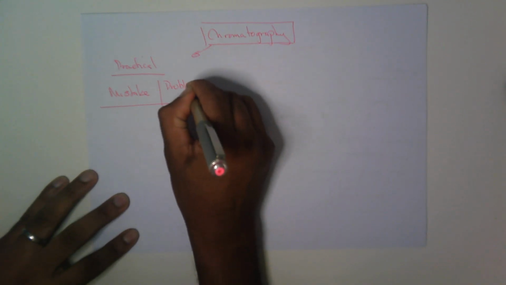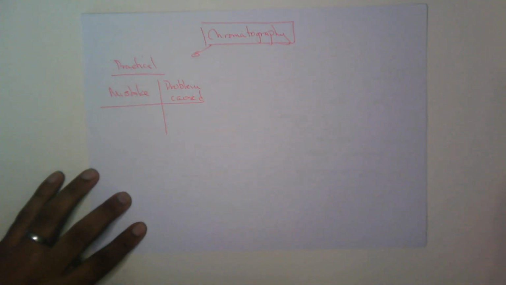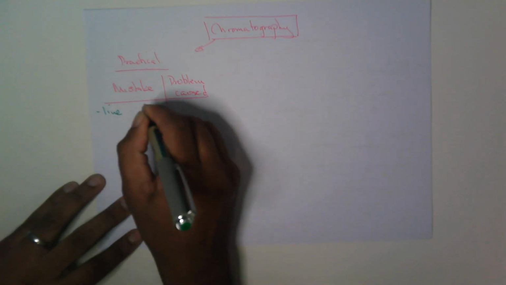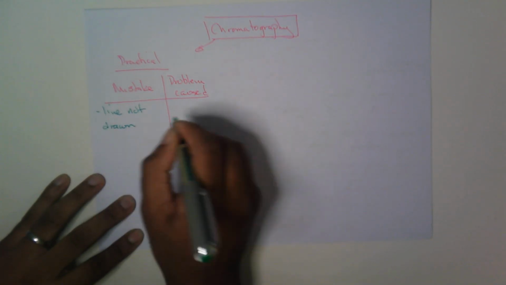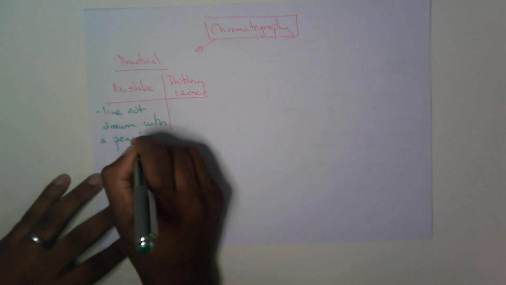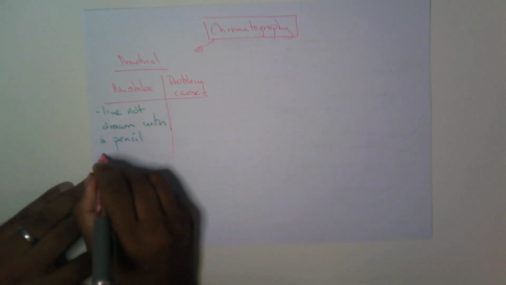So the problem caused. So often the mistake is the line. If the line is not drawn with a pencil, so often if it's drawn with a felt tip pen, then that causes a problem.